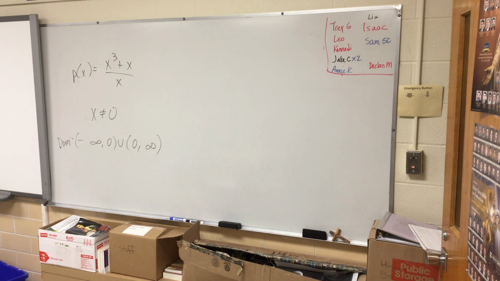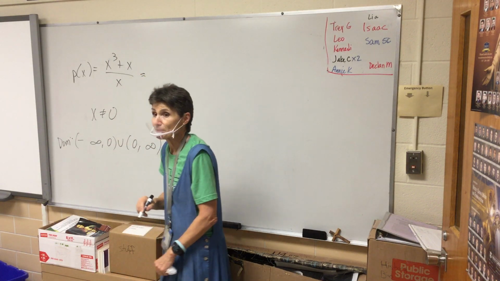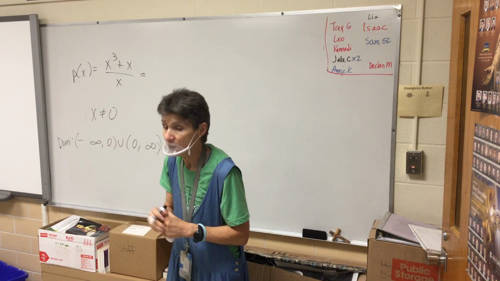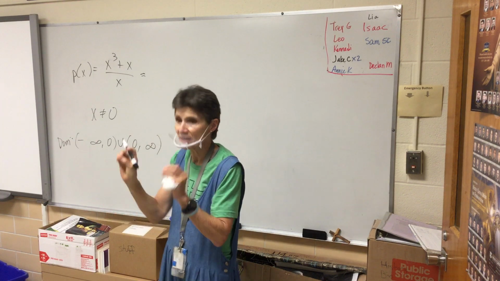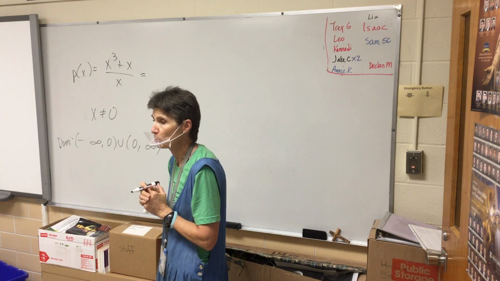So what I want to figure out is, it's discontinuous, but is this going to be a case where I just have a hole, so I just skip over that point and continue on? Or is this going to be a case where I have an absolute break and I have a vertical asymptote? You can tell by seeing if you can remove the discontinuity.